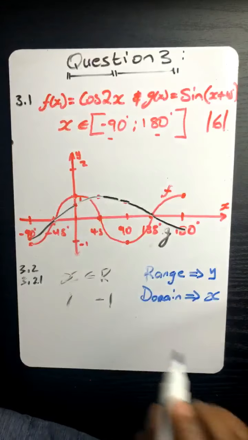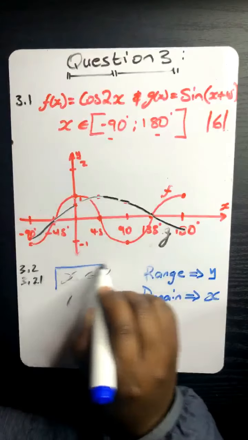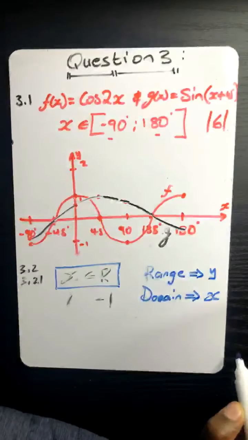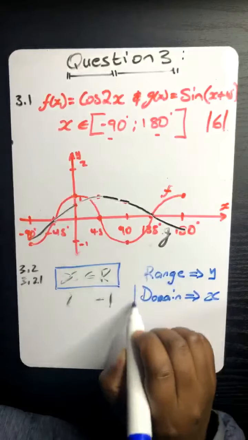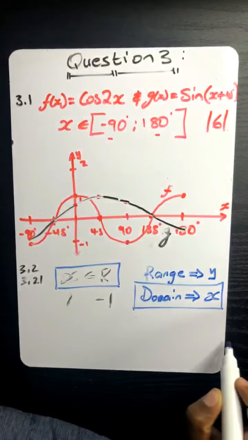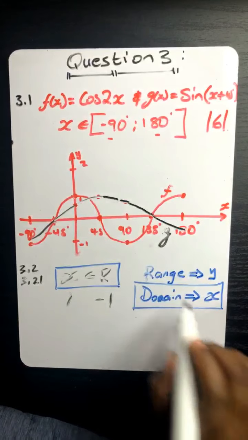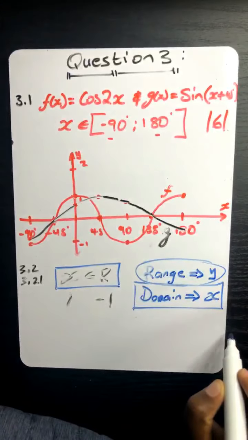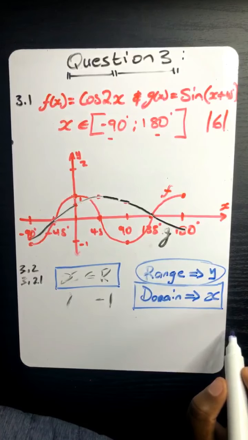So in this case, we completely don't comment on the x values because the x value is mostly about the domain. So that means now we need to talk about the range.